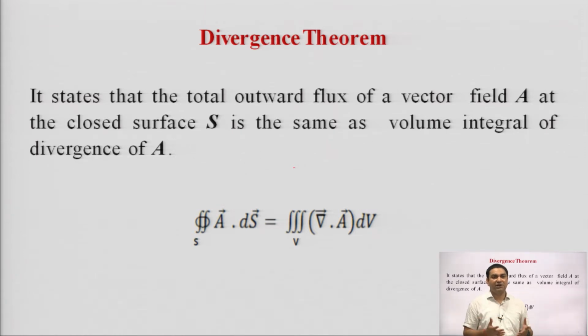As we know that divergence is the quantity which we can measure for a flux of a field, for the flux of a vector, and if this flux is in the form of outward flow, it is positive divergence, when it is inward, it is negative, and when the inward and outward flow of the flux is the same, then divergence is 0.